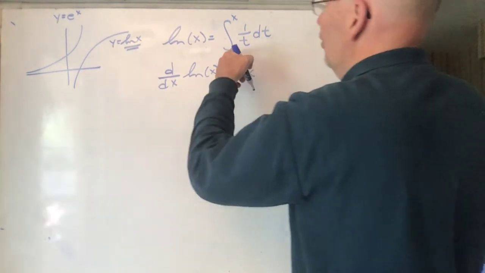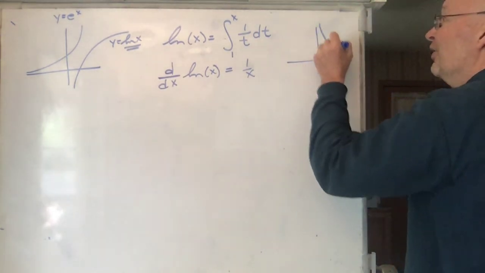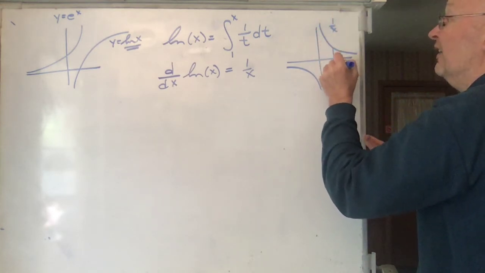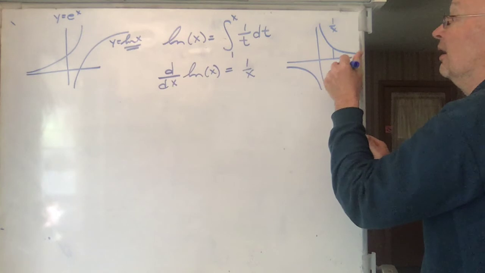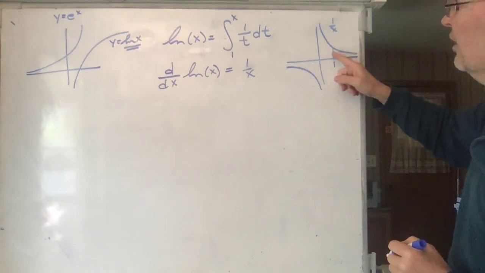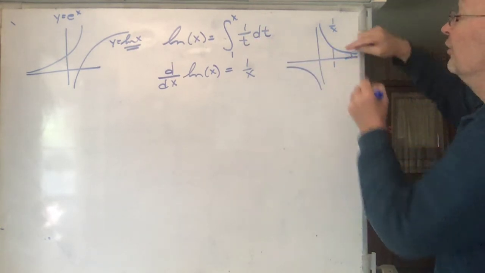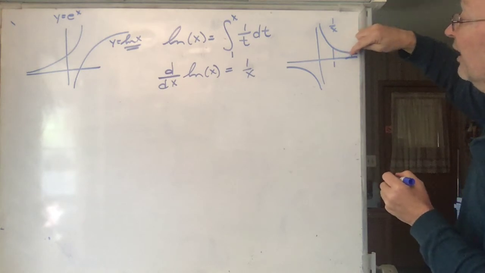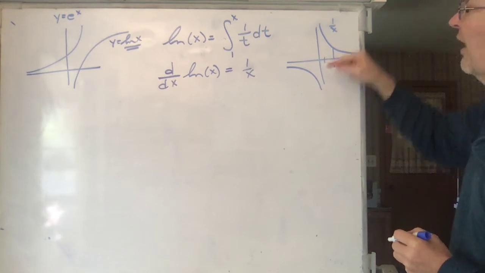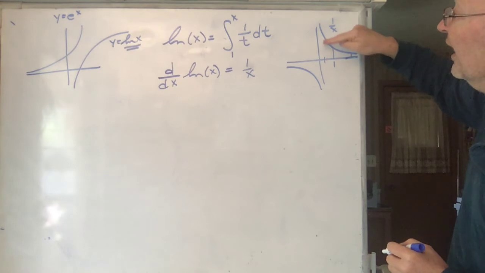Well, first of all, notice that there's so much neat stuff here. Here's what the function 1 over x looks like. And we're finding the area from 1 either to the left or the right. Notice that if you go from 1 to the right, you're going to be accumulating positive area there. See that? If you go from 1 to the left, what happens? From 1 to the left, this is a positive quantity, but you're going from right to left, and so this is a negative.